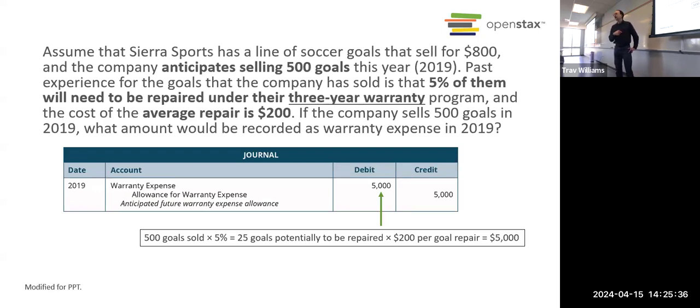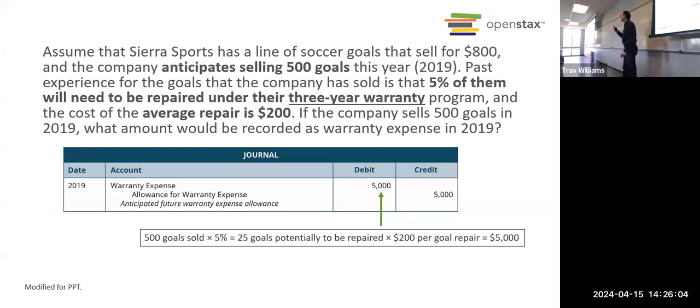Remember that a warranty is a contingent liability, right? If the company offers a warranty, they might have costs associated with that. So in this case, this company sells these soccer goals. Not the goal, like not when it got kicked in, but the actual metal goal. So they expect that they're going to sell 500 of them.